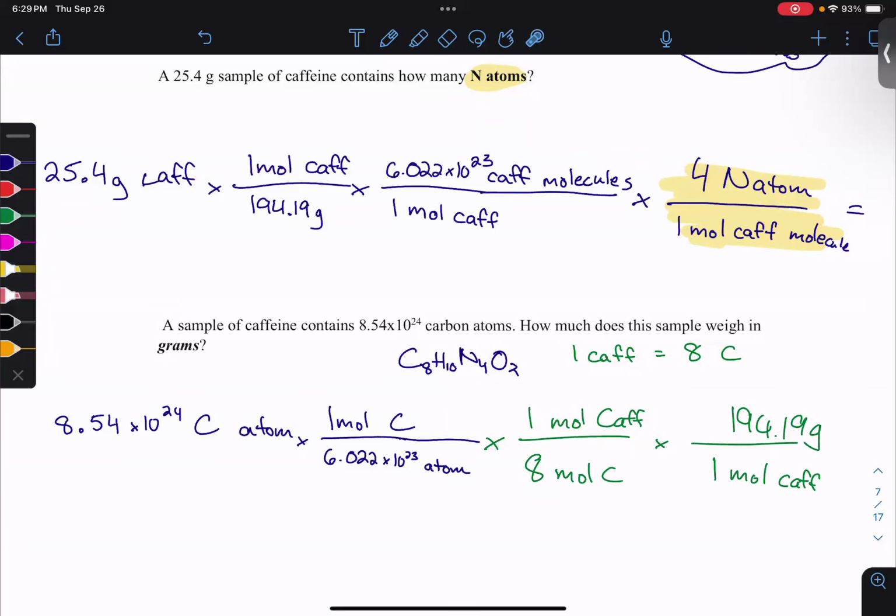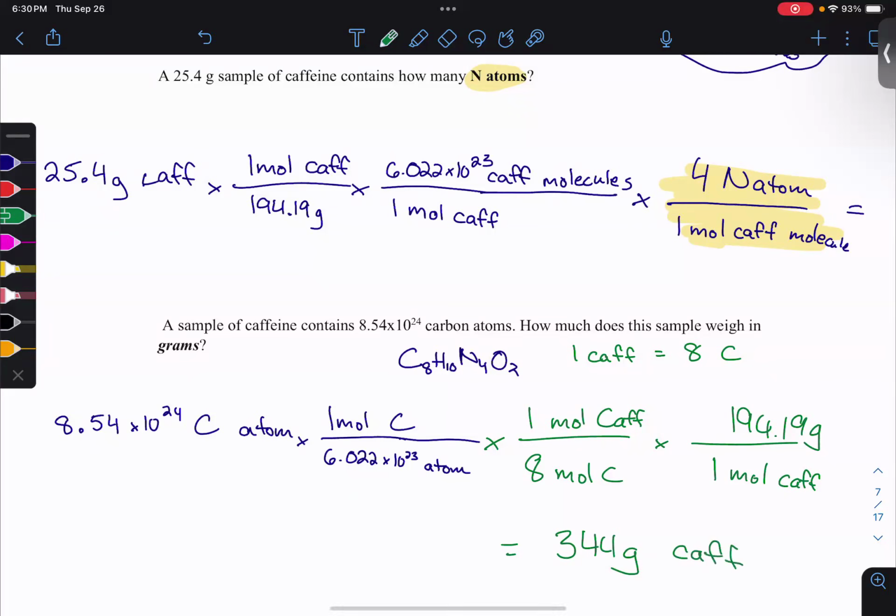It's going backwards that is really hard. It's counterintuitive to think, okay, if I tell you how many atoms I have, scale back up to how many molecules there are so you can use the appropriate molar mass. This answer is 344 grams of caffeine.